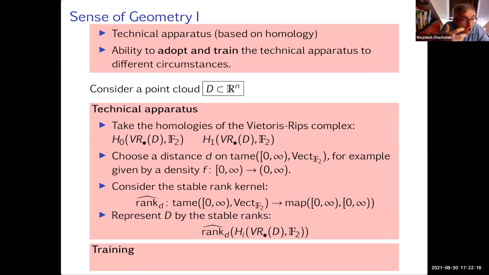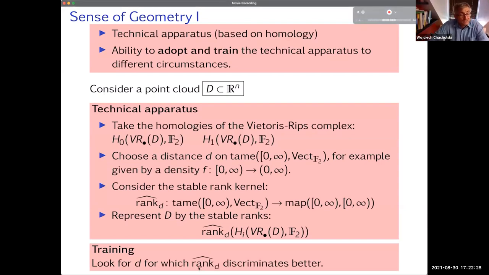Now, how can one machine be better at detecting certain things than another? The training is to look for D for which this stable rank kernel discriminates better. That's what learning would be.